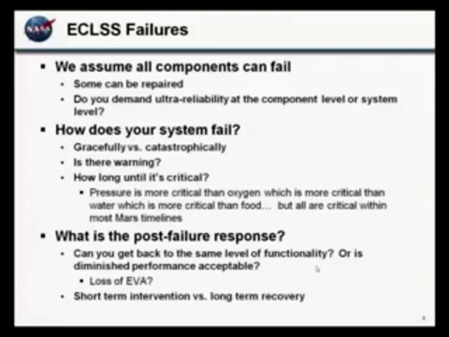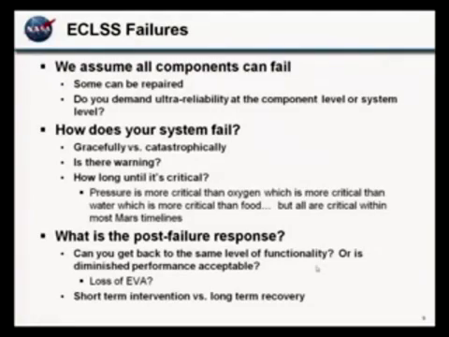If you have accumulated resources, oxygen in a tank, water in a tank, you can use those stored resources during the period that it takes you to make some intervention.